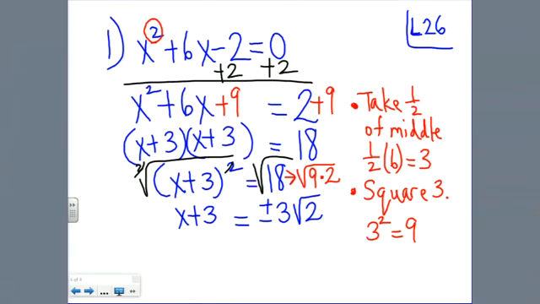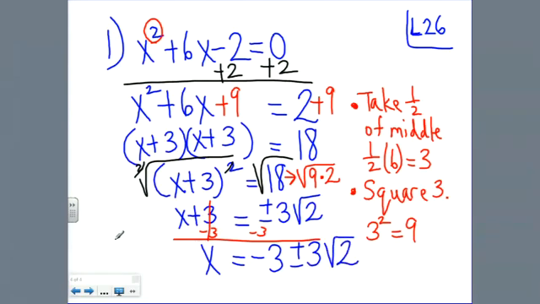One last step to get x by itself. Subtract 3 from both sides. So we have x is equal to negative 3 plus or minus 3 times the square root of 2.